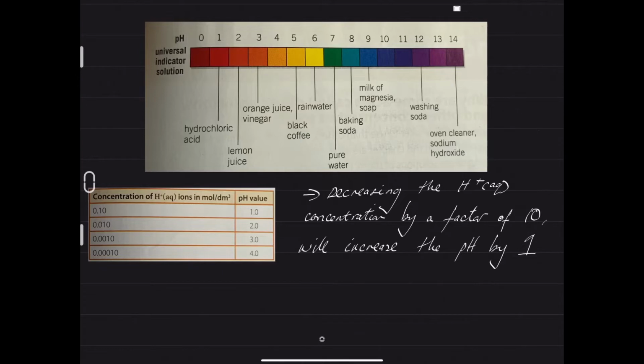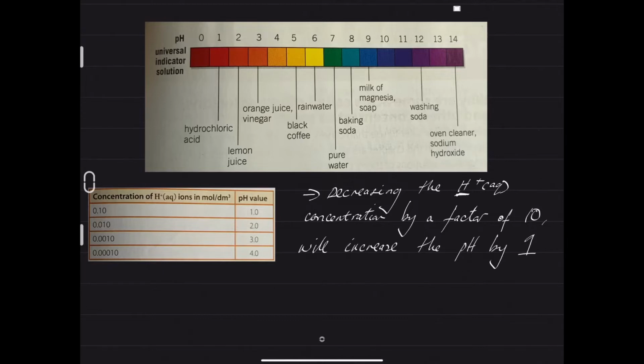So I'll repeat in a summarized way. If we decrease the concentration of H plus, and remember we're looking at the H plus, so pH is affected by the H plus ion, by a factor of 10, i.e. an order of magnitude, we will increase the pH by 1 unit.